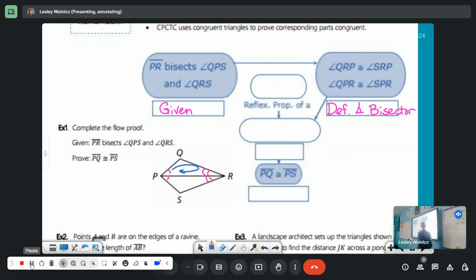You see that it's either going to be PR or RP and it's going to match? Don't change the order on this one. So PR is congruent to itself.